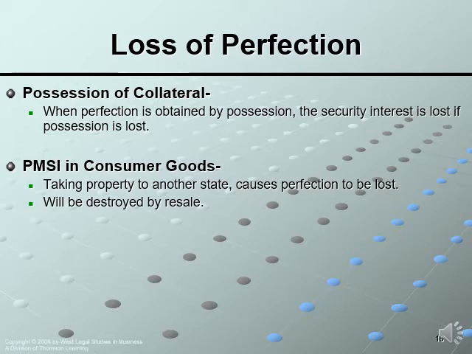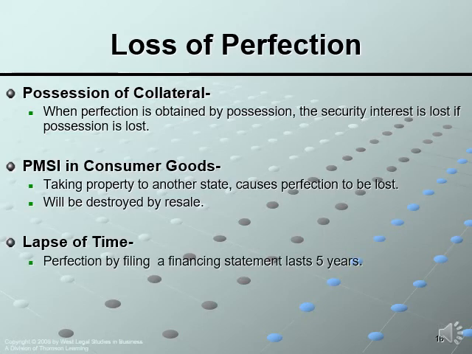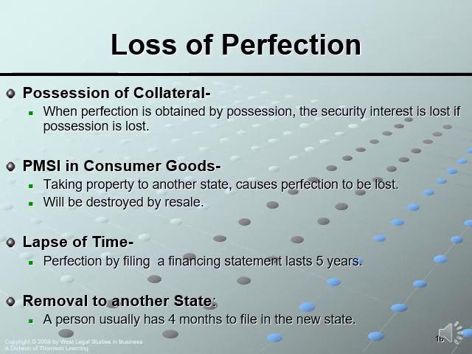Also, taking the property to another state causes perfection to be lost. Another way is a lapse of time. Perfection by filing a financing statement lasts 5 years. So if you don't file a continuation statement before that 5-year period ends, the perfection will lapse. And then removing the collateral to another state.